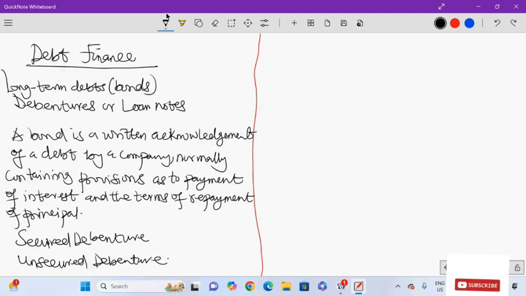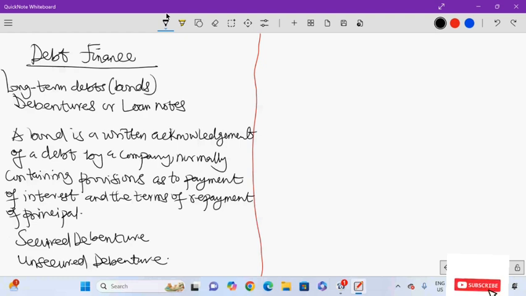So that is the secured debenture, using assets as security in case the entity goes into liquidation.